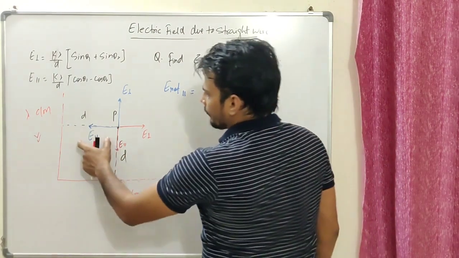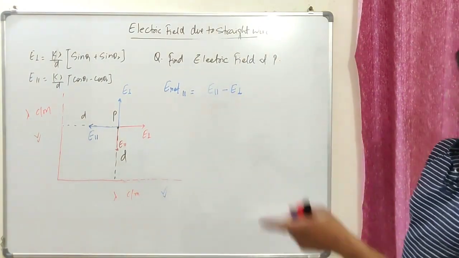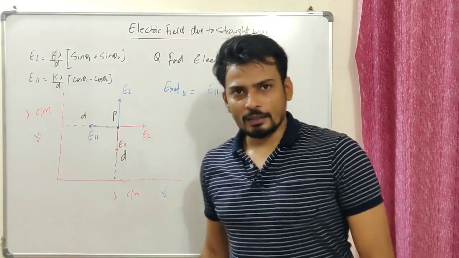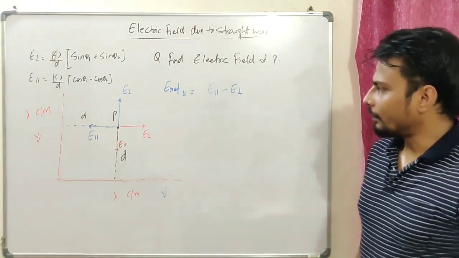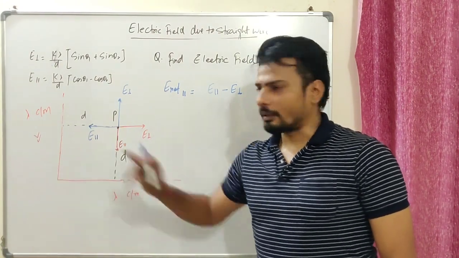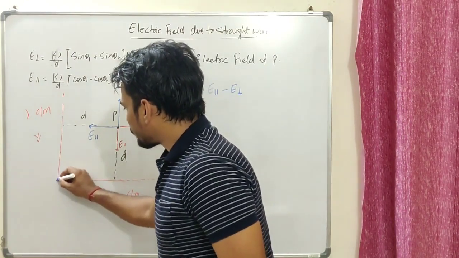Now this E parallel, because of the semi-infinite wire, we have just done, right? E parallel due to a semi-infinite wire should be how much? We just found that, and E perpendicular also, but there is a distance D over here. It's not at the end point of the semi-infinite wire. No problem. Let us try to find the angle now, because that's more important over here.